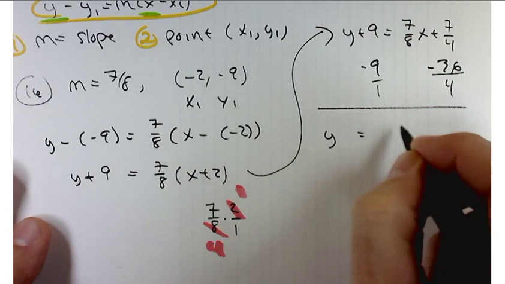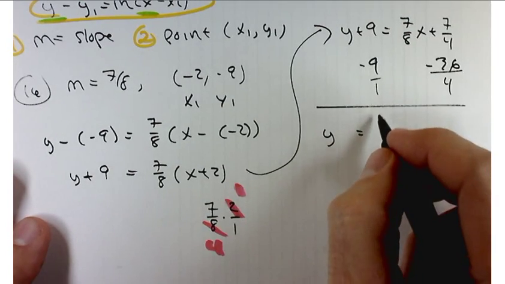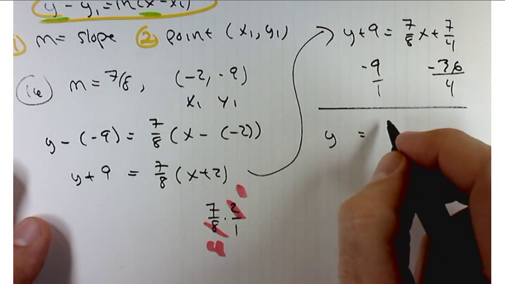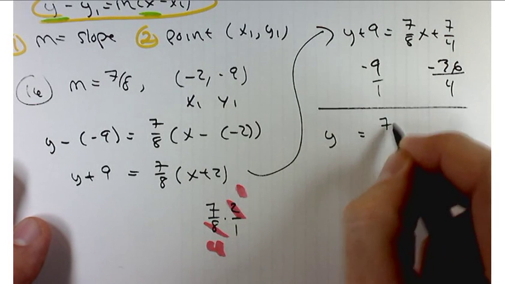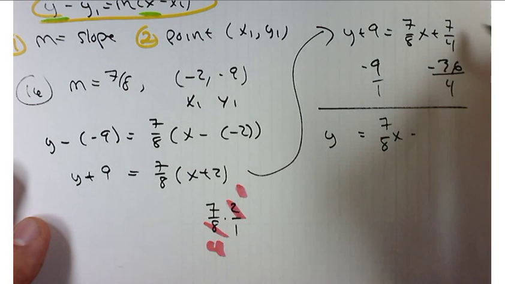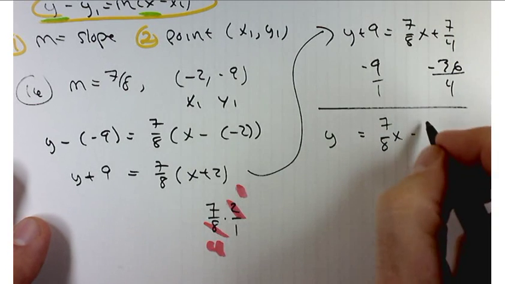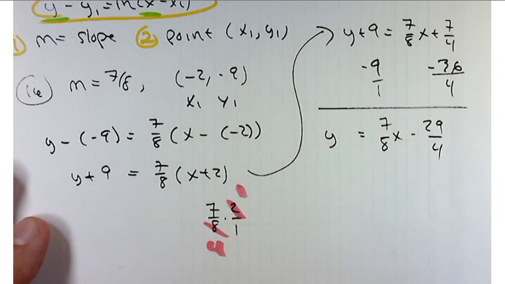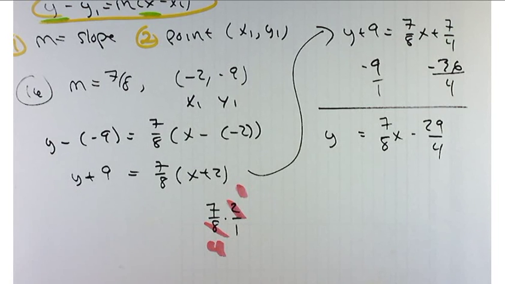So on the left-hand side, I'm left with the 0 there. So y equals 7/8 x, 7 minus 36 is 29, it's 29 over 4. Not necessarily a friendly-looking equation, but it works just fine.